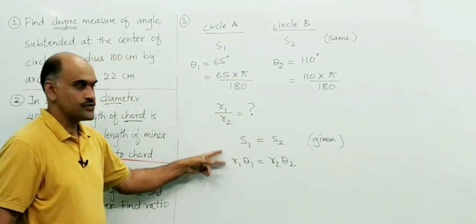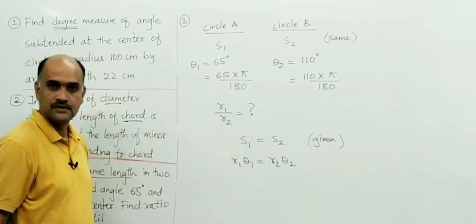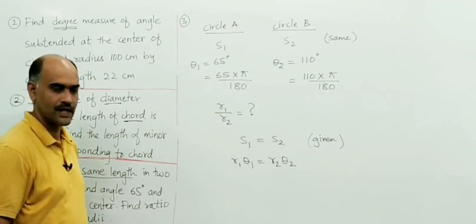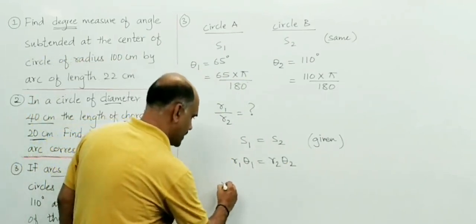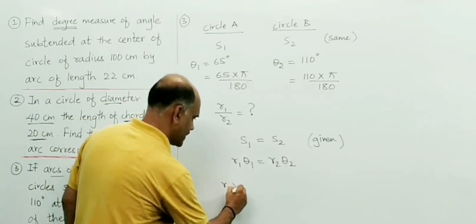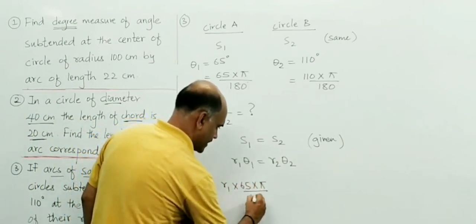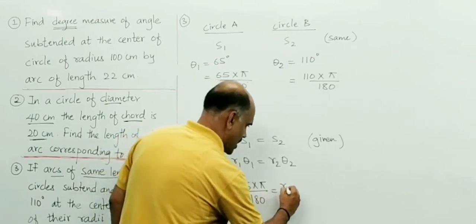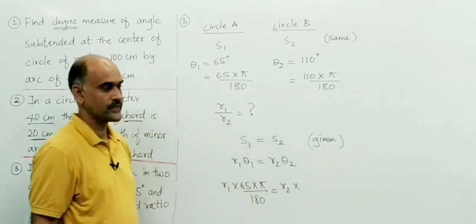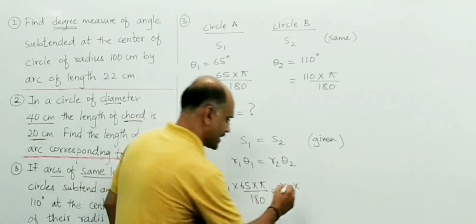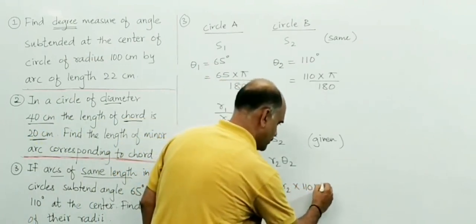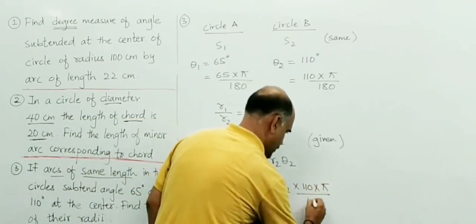Now substitute the values of theta 1 and theta 2, you will have the answer. So R1 into theta 1 is 65 into pi by 180 is equal to R2 into theta 2 is 110 into pi divided by 180.